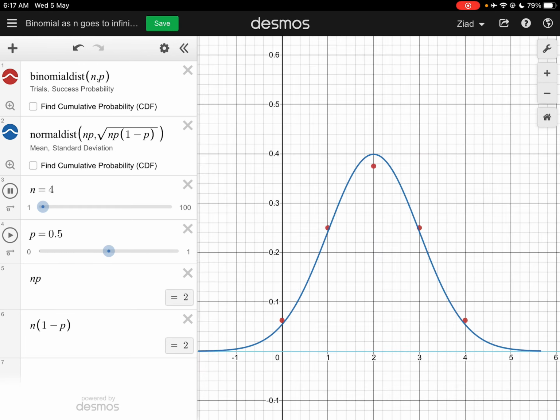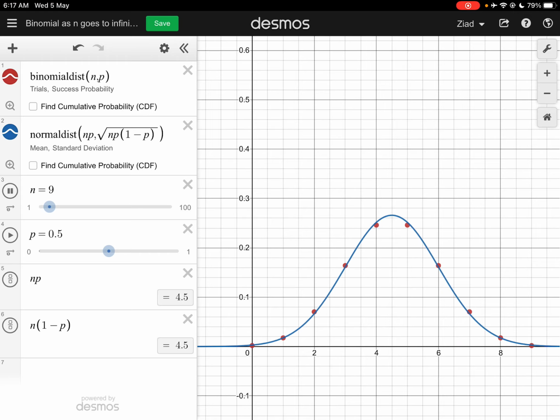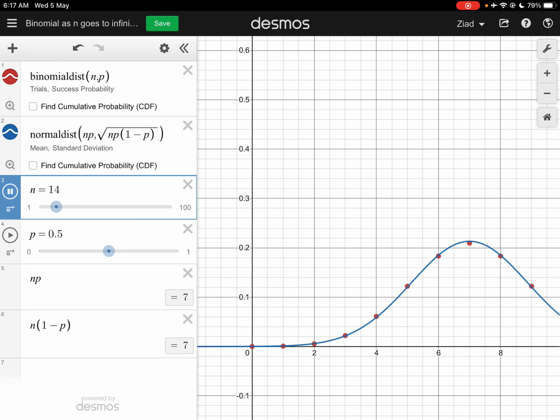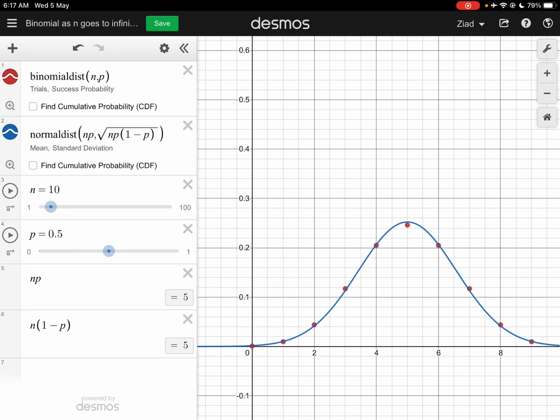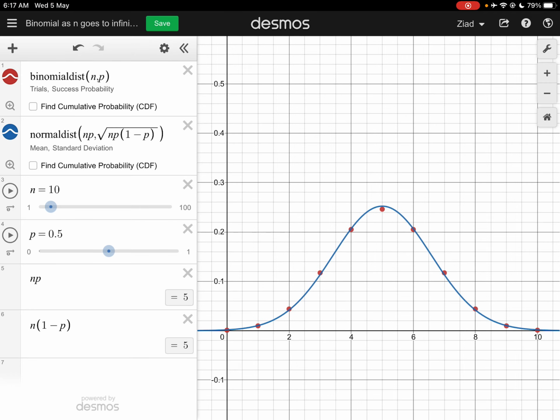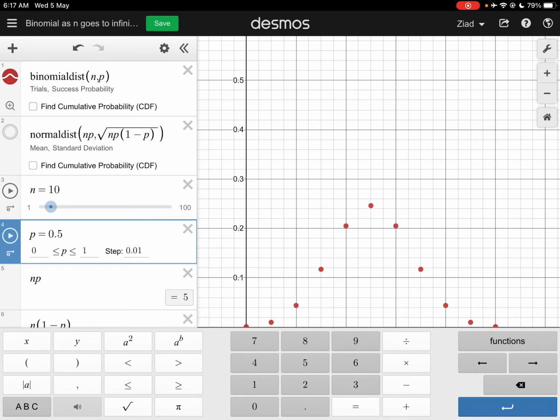Notice that now 2.5, 3, 3.5, 4, 4.5, 5. Okay, so we can stop, of course, when n was at 10, both of them reached 5 already. And look here, the approximation is really nice. Okay, first take the normal distribution off. You'll see that when the probability of success is 50% in a binomial distribution, remember that we saw it will be precisely symmetric.